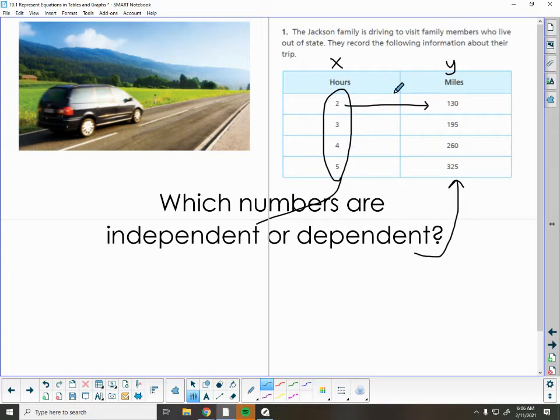So if the speed limit is 50 miles, if they went 1 hour, they could only go 50 miles. 2 hours would be 100. So I can see my speed limit's bigger than 50 here. So X is our independent number. This is what they can kind of choose. And then Y depends on X. So depending on how many hours they drove, tells them how many miles they can go.